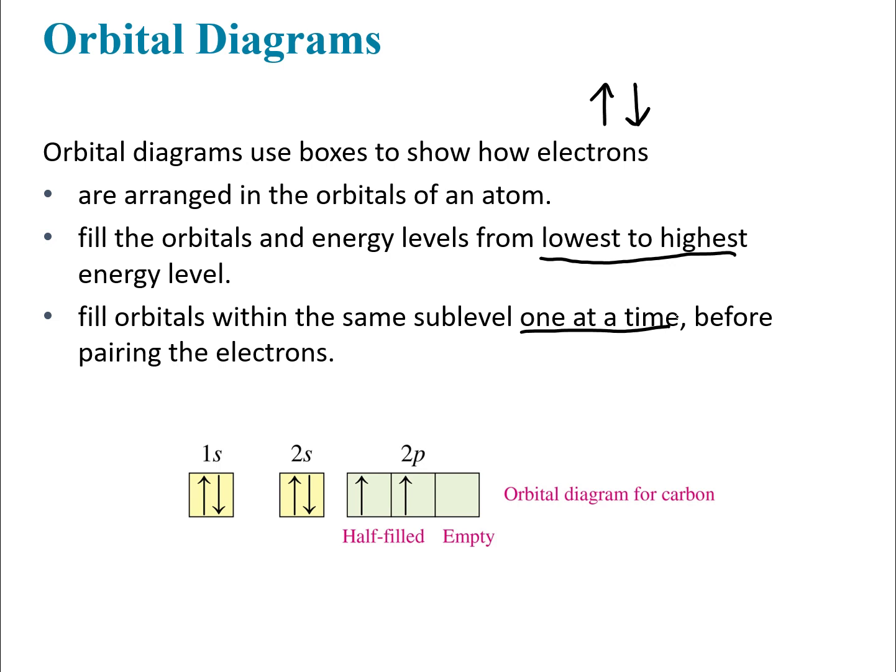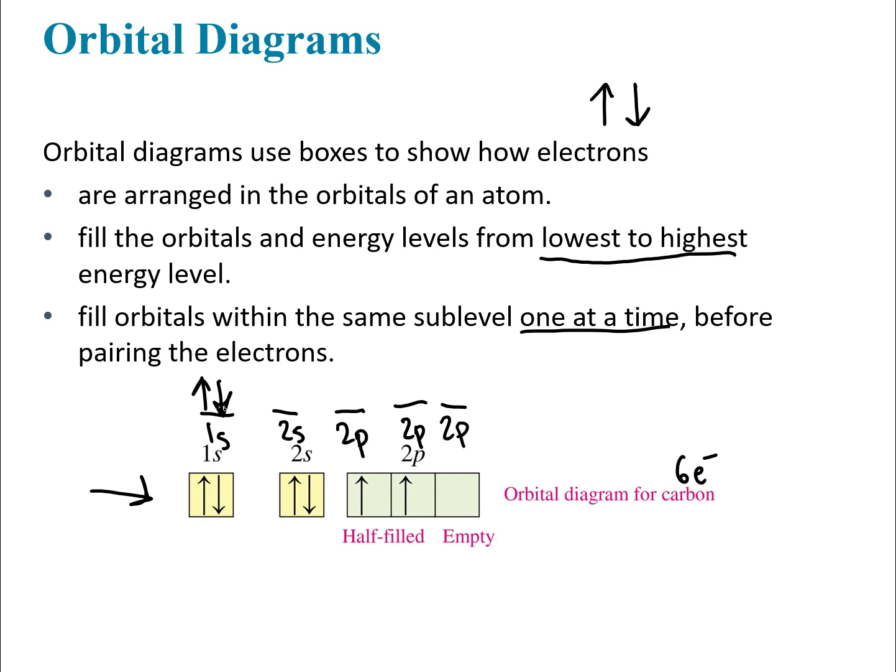So carbon has 6 electrons. And this is the finished orbital diagram. But how do we get there? Well, we know that we're going to have to fill the 1s, the 2s, and the 2p. So let's first fill the lowest energy level. That's the 1s.